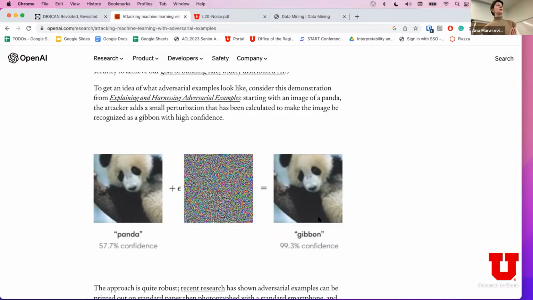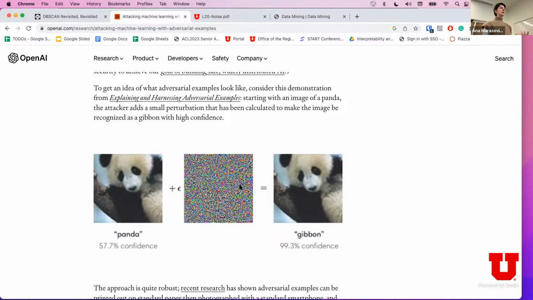So these kinds of examples where you add small noises that are not perceptible to human eyes but that are going to fool models are called adversarial examples, and techniques that produce such examples are called adversarial attacks. And then you can measure stuff like adversarial attack success rate and so on.